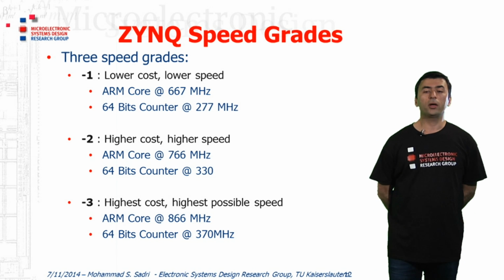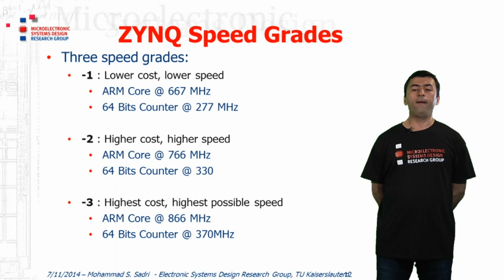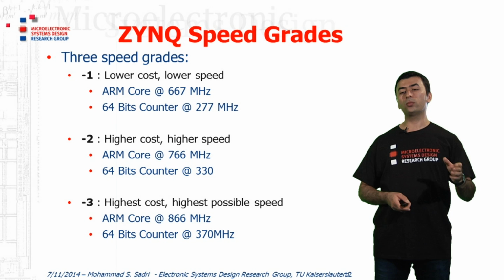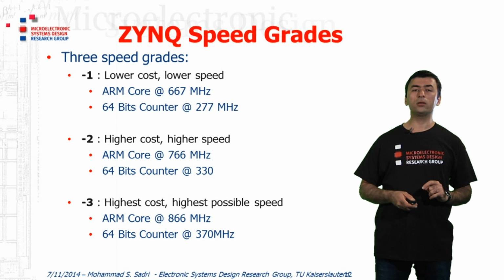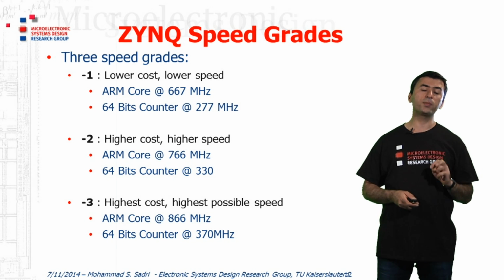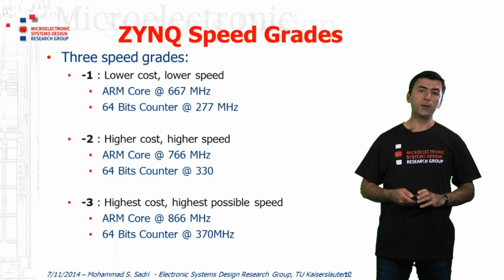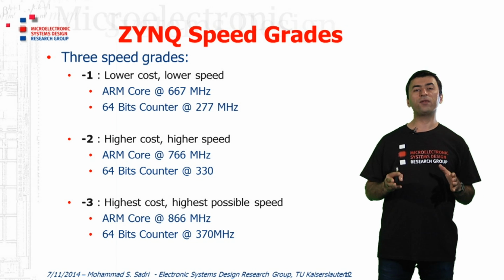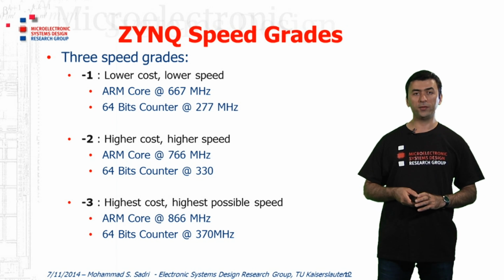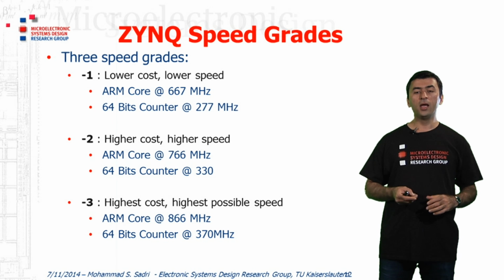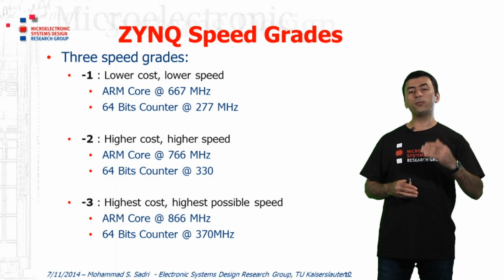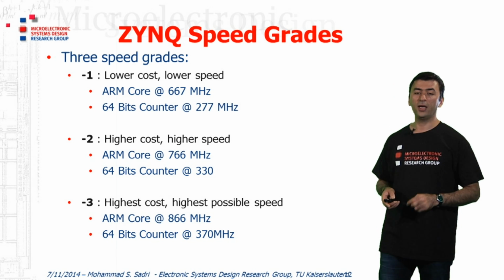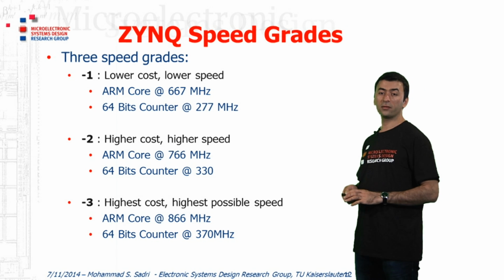When you go to the market, there are a set of different options for the Xilinx ZYNQ device when you want to purchase one. Here is one important option, and that is the speed grade of the device. Based on the quality of the final fabricated ZYNQ device in the silicon fab, the company divides the ZYNQ devices into three categories and marks each category with a different speed grade.